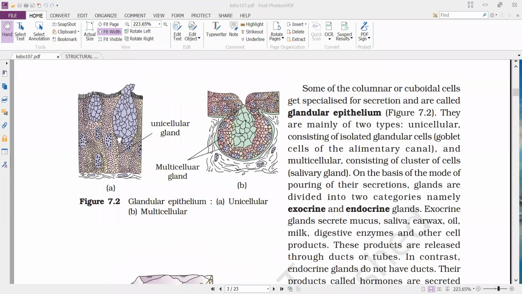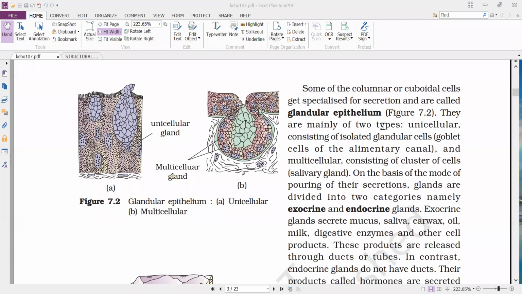So we can observe here, this is a unicellular gland, which we usually call goblet cells. They are unicellular in nature, and some are multicellular, like the salivary gland, which is formed by a cluster of cells.